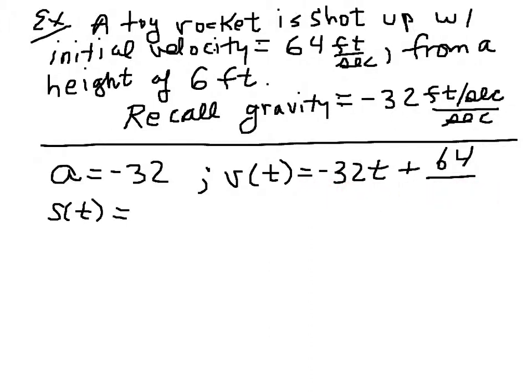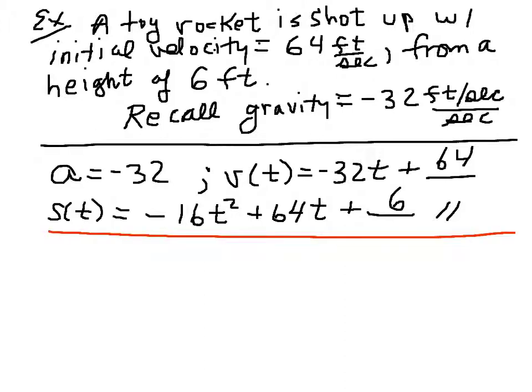So once you know derivatives well enough, you can go backwards and figure out that the position function must be minus 16t squared plus 64t plus any constant. And similarly, that constant refers to the height when time was 0. And the height when time was 0, we're told, is 6 feet. So now we have equations for all 3 functions.